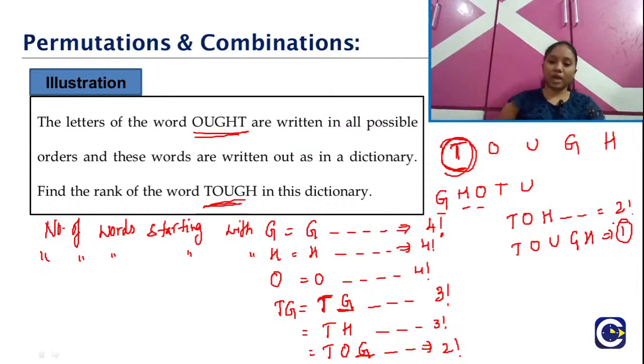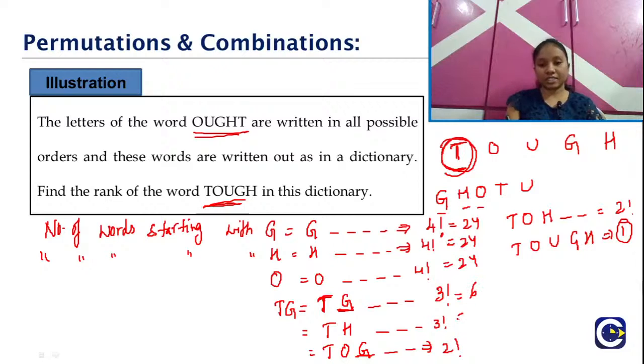So this is 1. The rank of this word is nothing but 4 factorial, that is 24. Here also 4 factorial, 24, 24, and 3 factorial will be 6 here, and then 6 here. 2 factorial will be 2 here, and then 2 factorial will be 2 here, and then here 1.